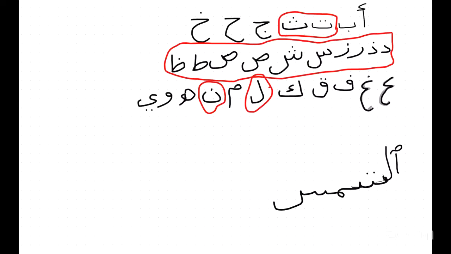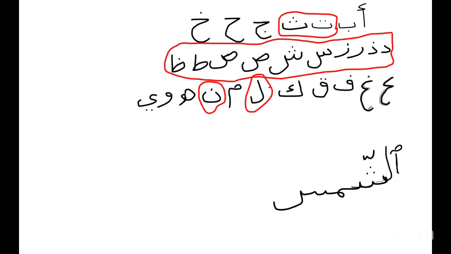So when Laamut-Ta'areef, the lam of the definite article, is followed by Shin, and Shin is in the second row, which makes it a sun letter, the sun letter will get shadda, and the Laamut-Ta'areef will get nothing.